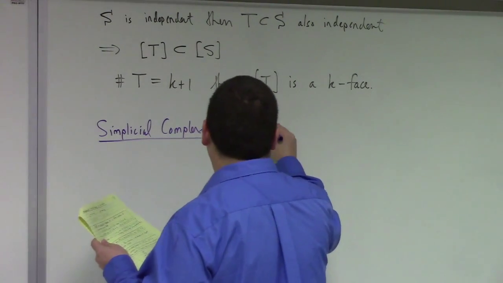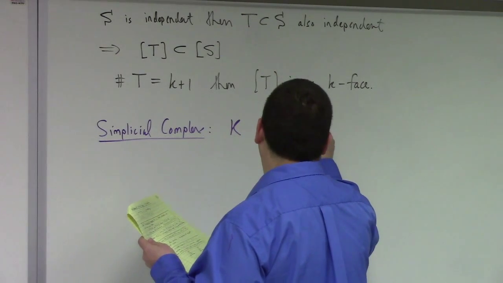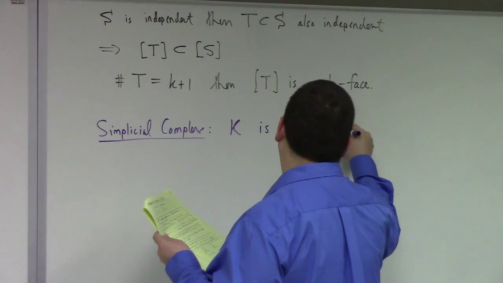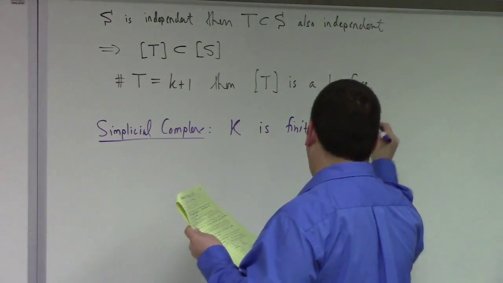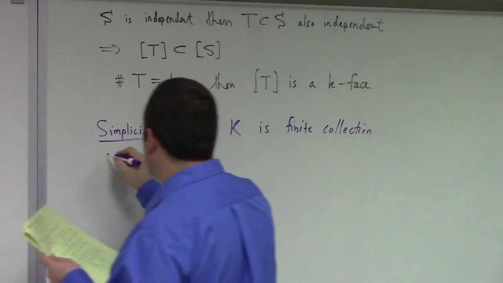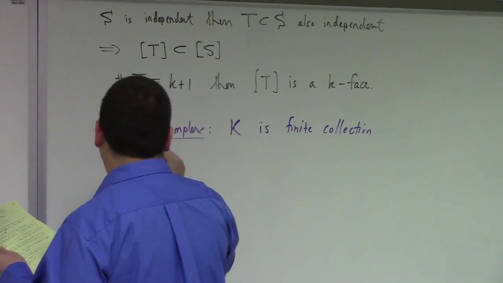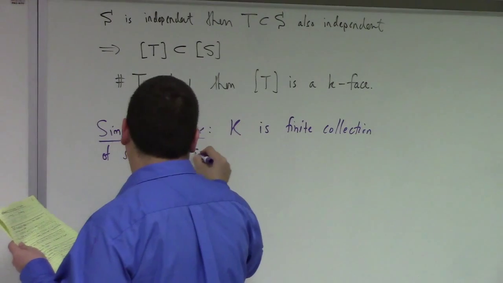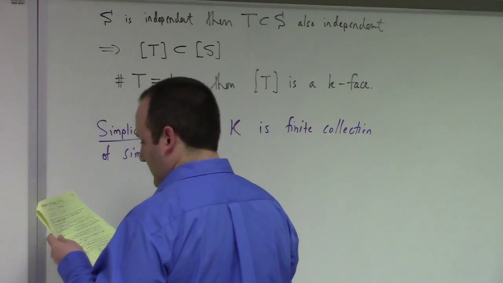It's a finite collection of simplices such that two conditions are met.